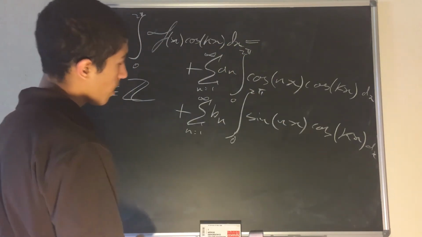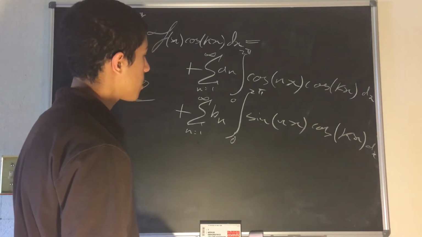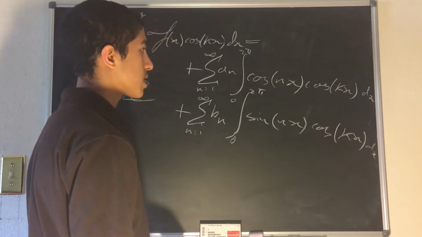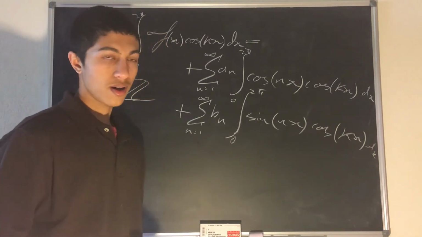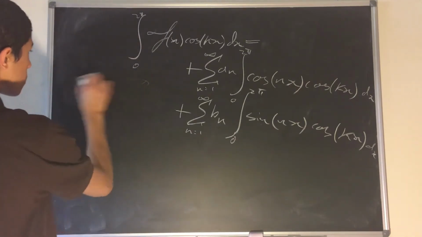And well, let's see here. What's the integral from 0 to 2 pi of cosine nx times cosine kx dx? Well, we covered this as well in a previous video.